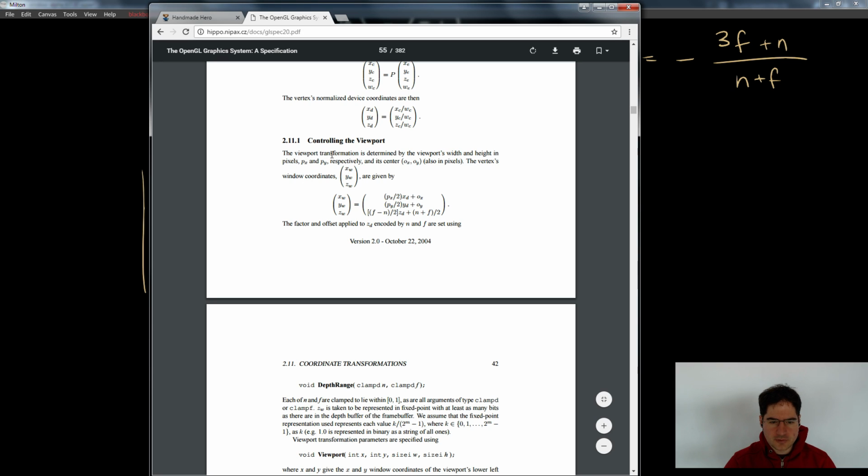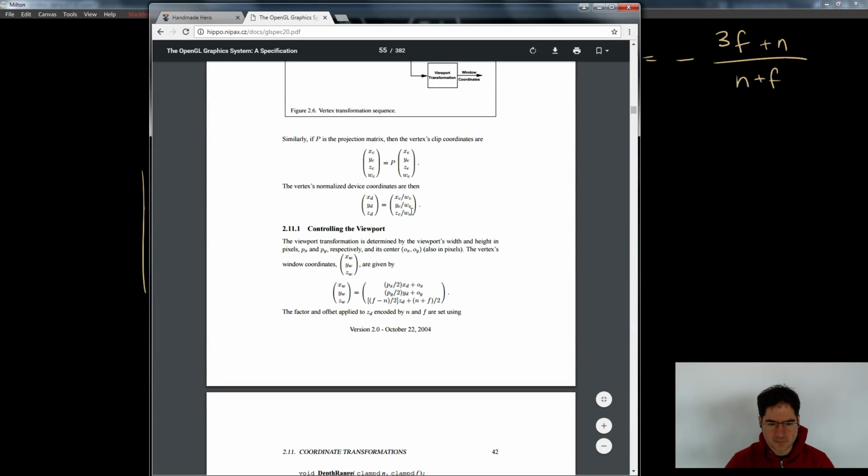Let's see. The viewport transformation is determined by the viewport's width and height in pixels, px and py respectively, and its center, ox, oy, also in pixels. The vertex window coordinates x, y, and z are given by x, y, w. So z_d is, in fact, divided by w, right?